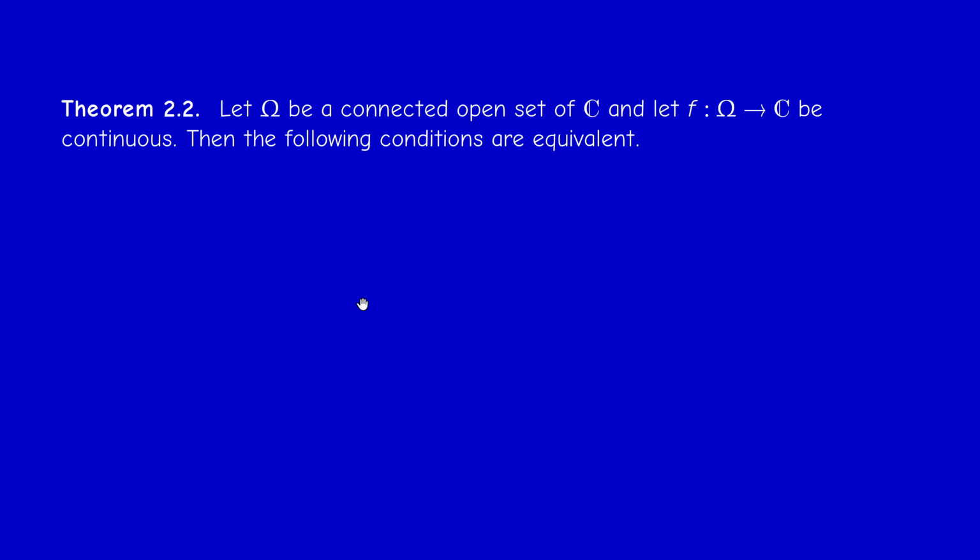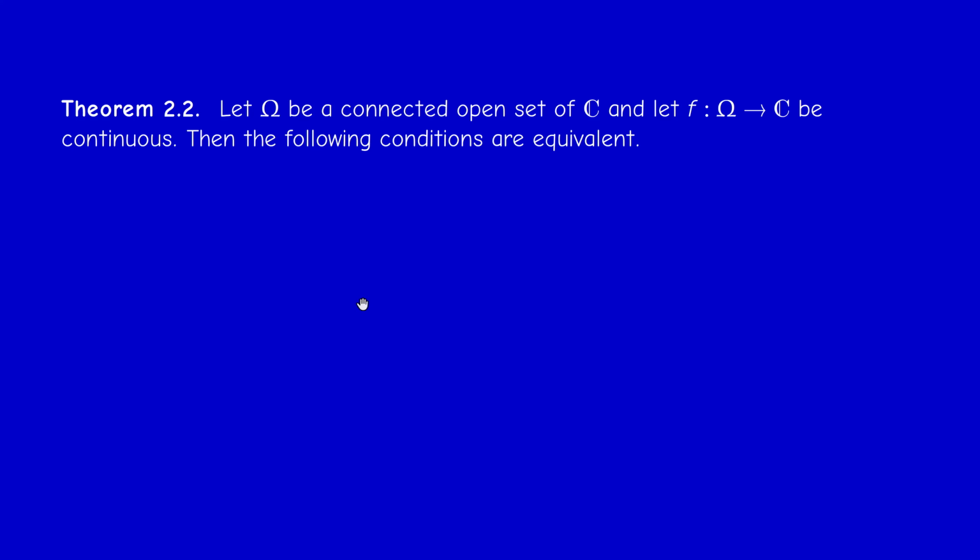So I assume that omega is open and connected, and therefore path connected. So there really exist paths and loops inside omega. Now, if omega is not connected, I can work on each connected component, right? But to simplify the whole discussion, we assume it to be open and connected.